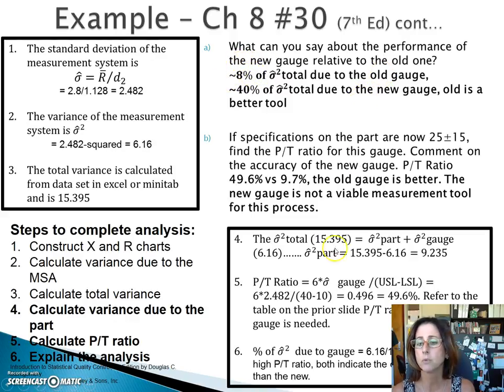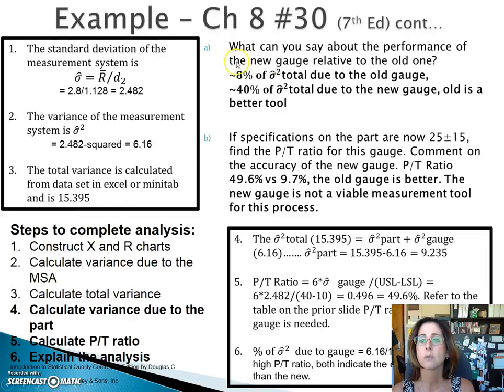In this new one, we calculate down here the percentage of the total variance that's due to the gauge. The variance of the gauge for this new gauge is 6.16, divided by 15.395, the total variance. 6.16 divided by 15.395, that's 40%.